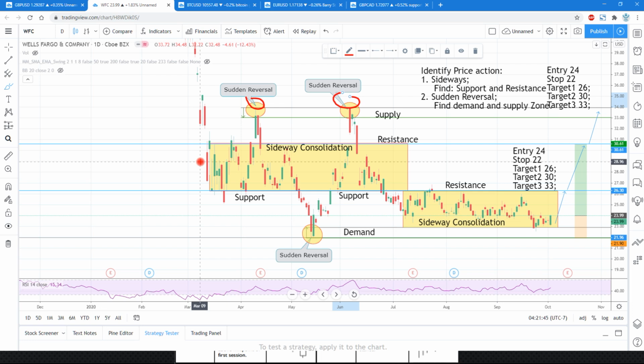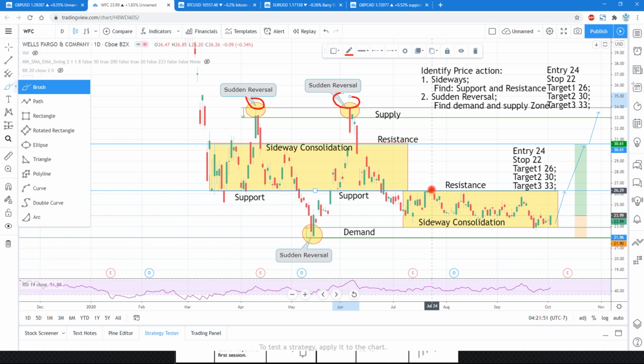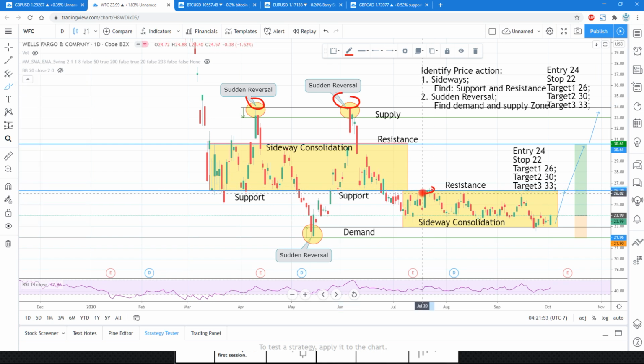An indecision candle has a small body, but it must appear like it did right here, directly on a level of resistance. So when you have an uptrend and you get a small body candle right on that level of resistance, you're going to get a reversal trade that you can make. And you could have taken this nice little trade.